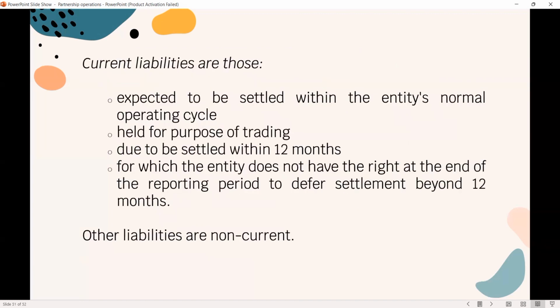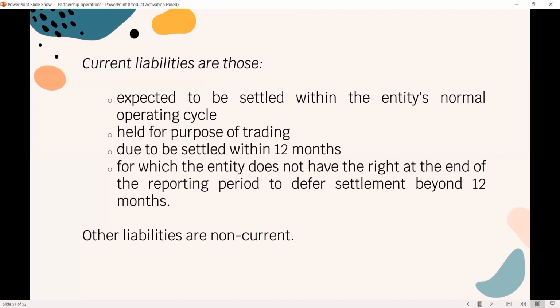Current liabilities are those expected to be settled within the entity's normal operating cycle. Again, it is held for the purpose of trading, due to be settled within 12 months, for which the entity does not have the right at the end of the reporting period to defer settlement beyond 12 months. So pag we have a due and we settled it within 12 months, this is current liability.